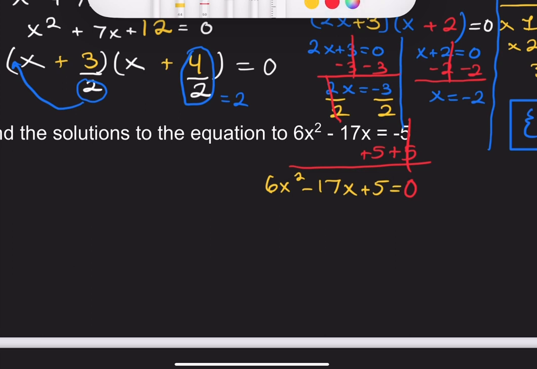Once again, the value of a is greater than 1. It is 6. We're going to use the AC method once again by moving this 6 and multiplying it to the 5.